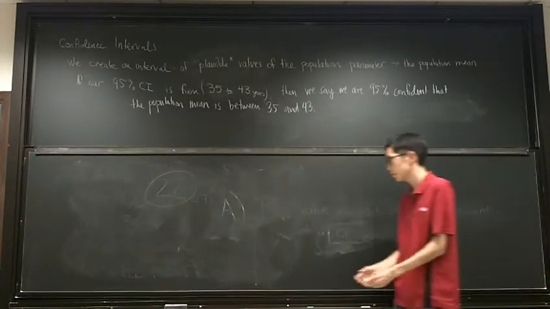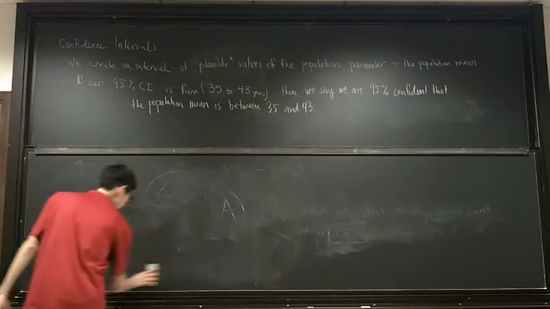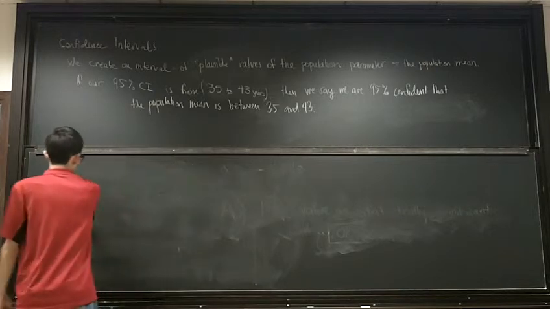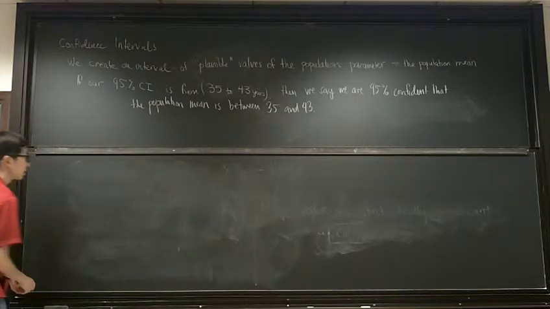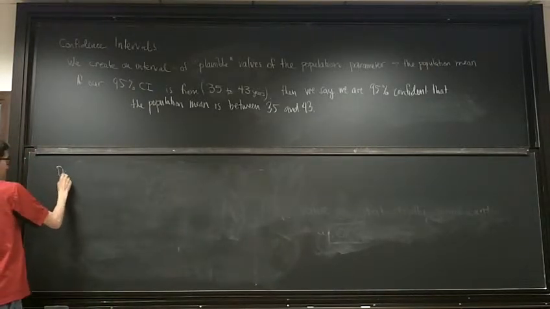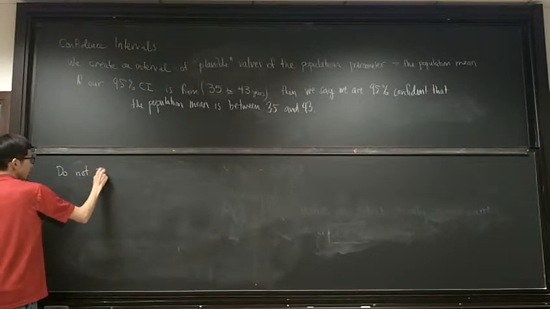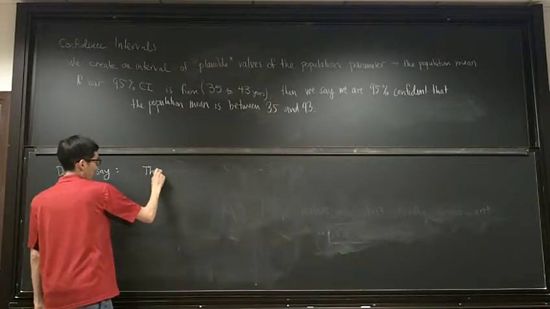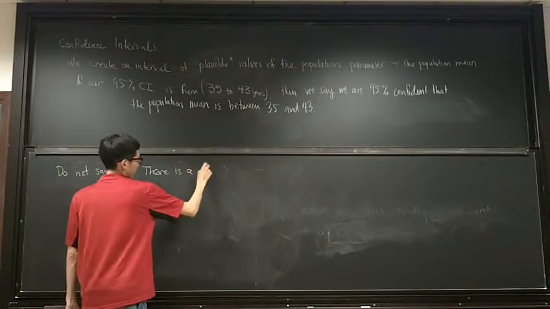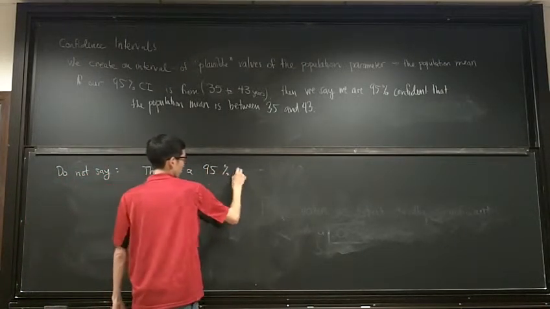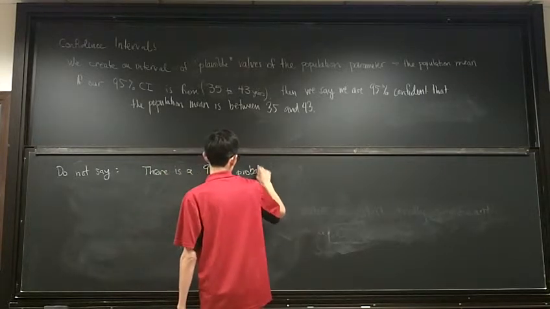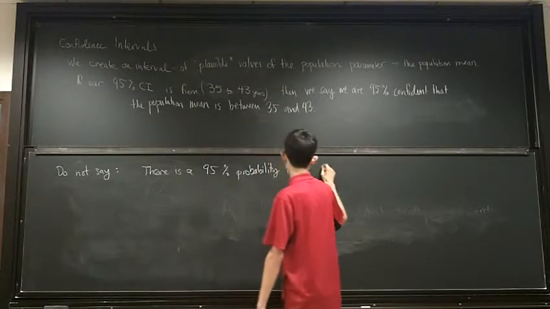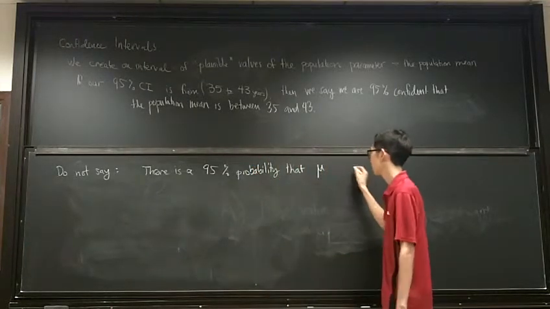It is not correct to say there's a probability, to say that mu, the population mean, is in that interval with 95% probability.